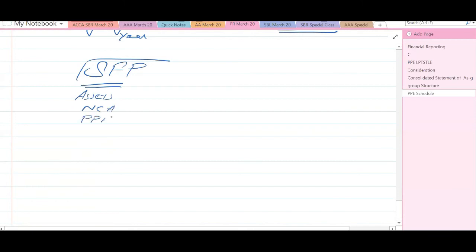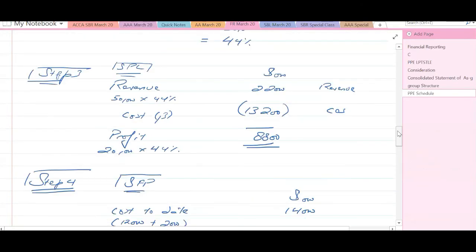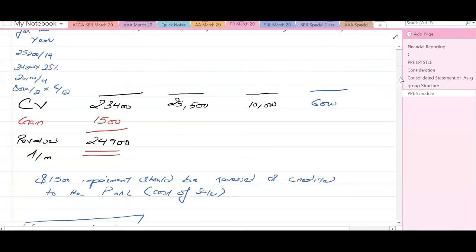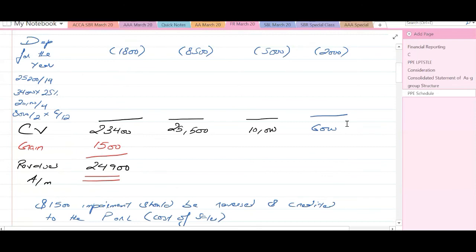Now you have the statement of financial position. First of all, you have the non-current assets. In the non-current assets, you have the PPE. Again, we're going to go back over here and total it.